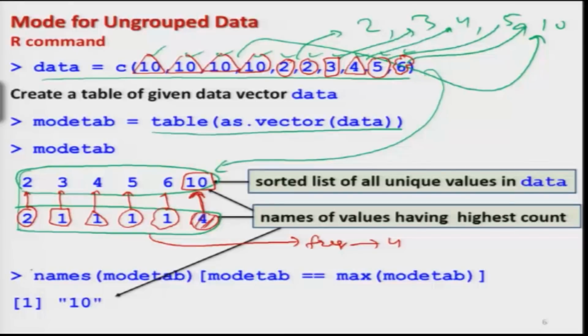So this command in the second step extracts this value 10 from the first row, and this gives me 10. So this is how you can compute the mode, but I would like to address that this is not the only way. You can define it in your own way using your own logic also.